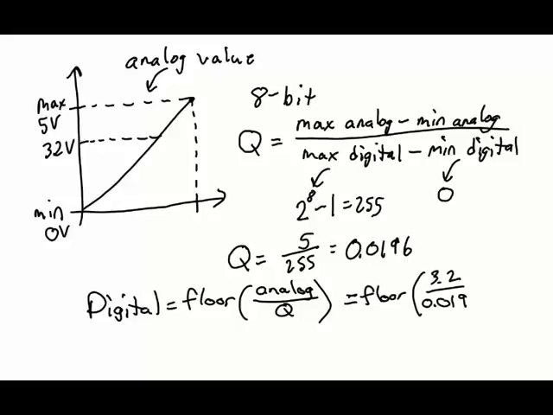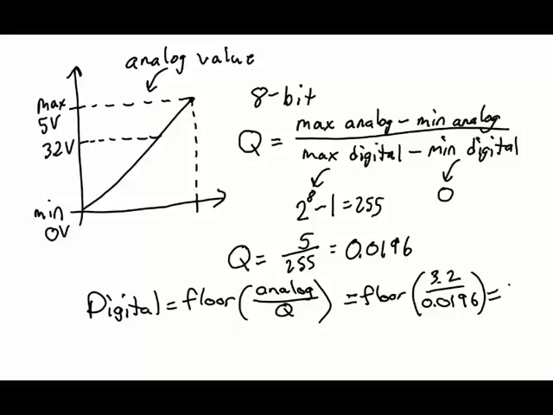When I put 3.2 divided by 0.0196 into my calculator, I get the value 163.2653, etc. Because we take the floor function of this value, I truncate the value down to 163.